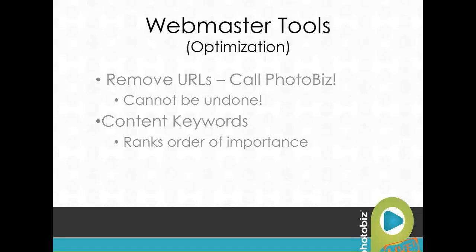And so the approach really is, okay, if you're going to appeal to Google about URLs that are no longer valid, so let's say, for example, you had a website with another provider, and then you've moved your website to PhotoBiz, there may be those old URLs that are still out there for your old site, and depending upon how that was structured, those links may no longer be valid because although it utilizes your domain name, it may have a different URL path, as opposed to the URLs that are developed within our system, the template pays Virtue.